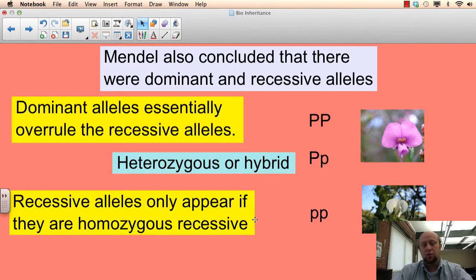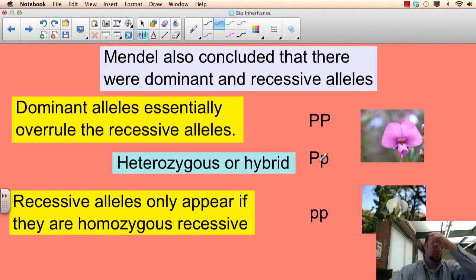Okay. Now there's some terms here. Homozygous means that they both have the exact same letter. So lowercase p, lowercase p, or uppercase P, uppercase P, those are homozygous.